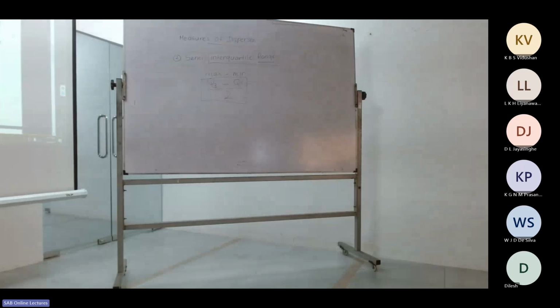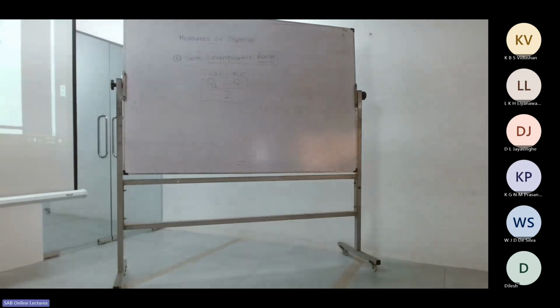The interquartile range is computed by deducting the value of the first quartile from the value of the third quartile. The semi-interquartile range, another way we can say, is quartile deviation. Deviation means variation. It means we can find out the variation in the data set using the quartiles.